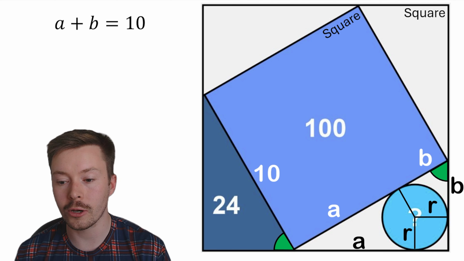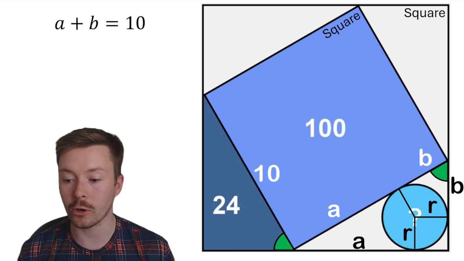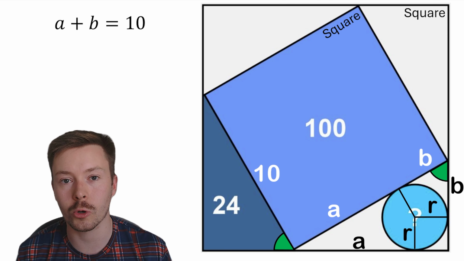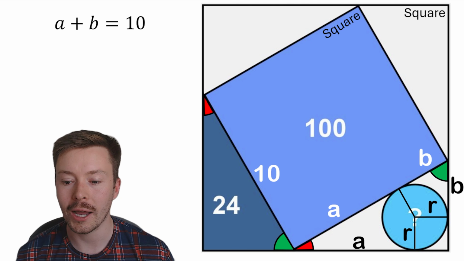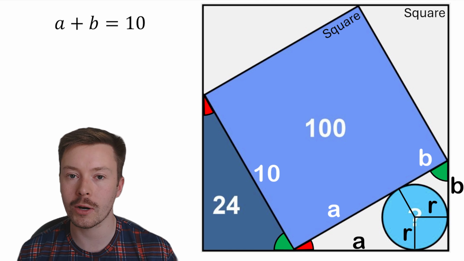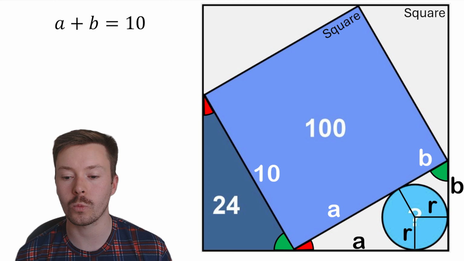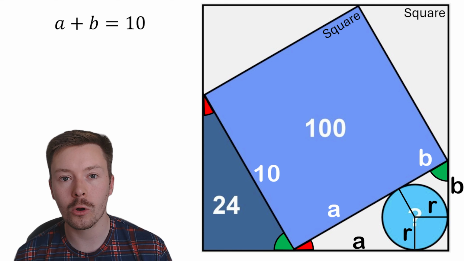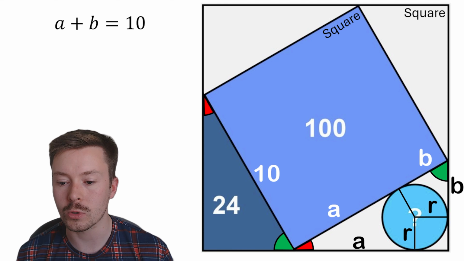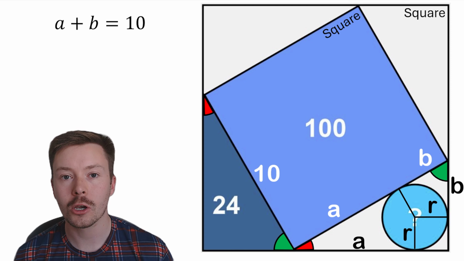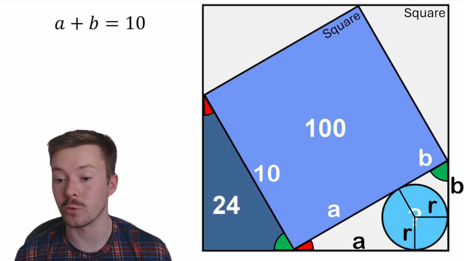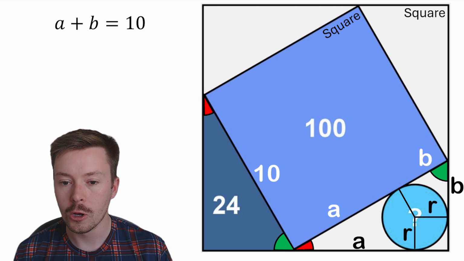Now, I know that the other angle in that triangle, in both those triangles, has to be the same as well. And if we were using the green angle as theta, the red one would be 90 minus theta, because like we said before, angles in a triangle add to 180. So now I know those triangles have got all three angles the same, and so they must be congruent, identical triangles. Congruent or identical, whichever word you prefer.